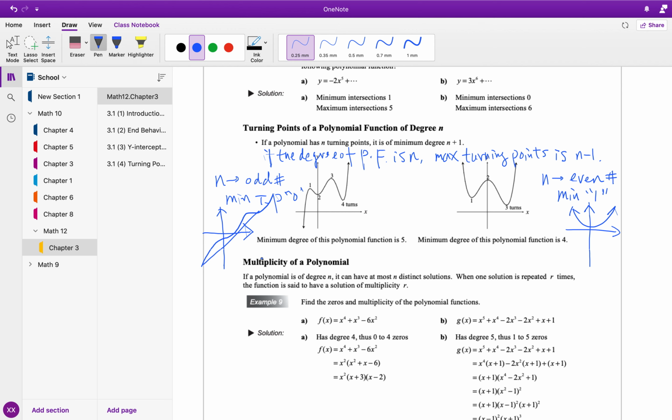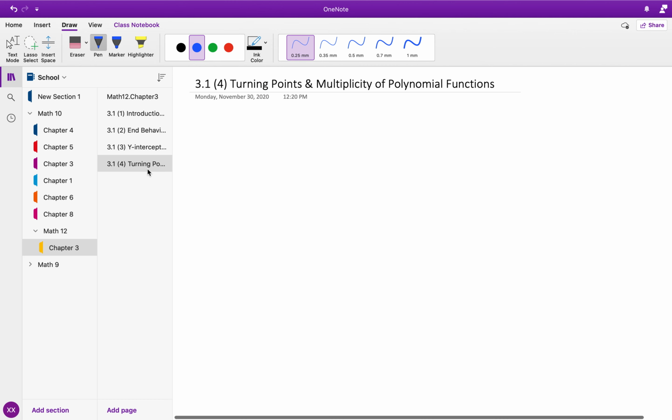All right, so now let's take a look at what they call the multiplicity. I will give you two examples. Here we go. Suppose f(x) is x to the power of 4 plus x to the power of 3, subtract 6x to the power of 2.